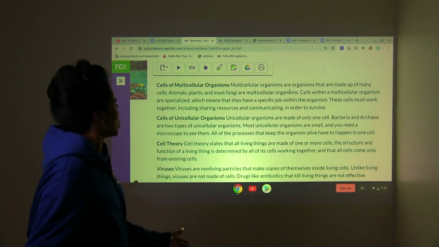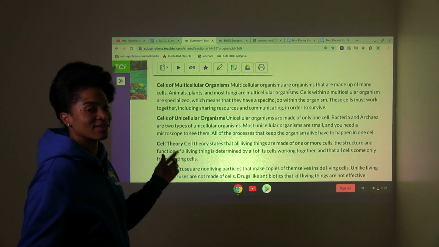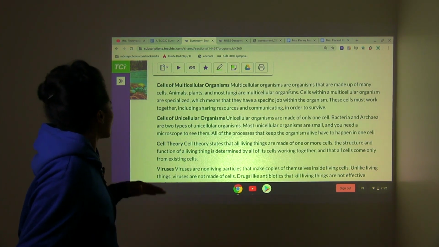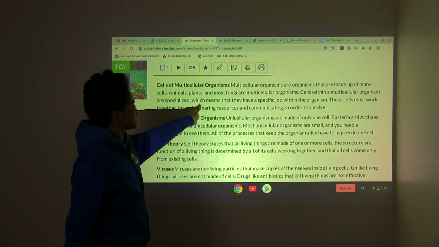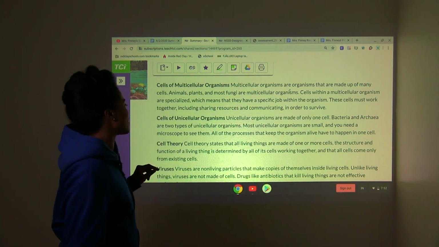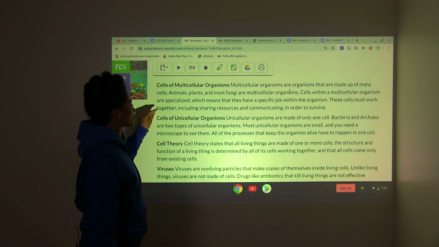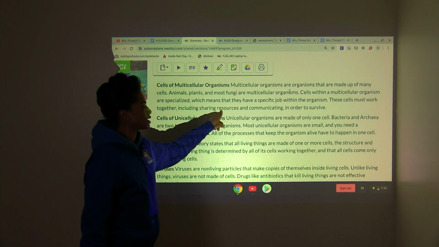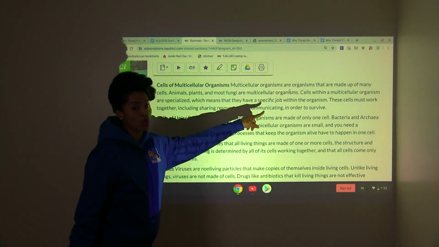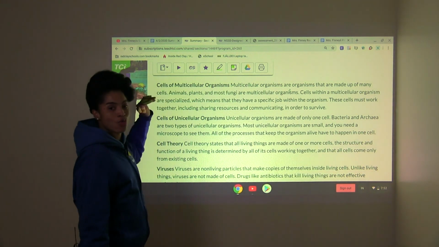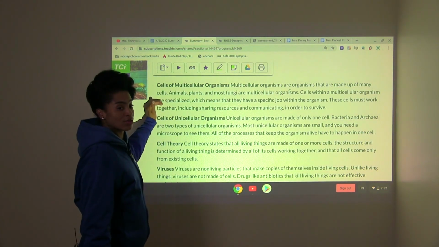Animals, plants, and most fungi are multicellular organisms. Cells within a multicellular organism are specialized, which means that they have a specific job within the organism. These cells must work together, including sharing resources and communicating in order to survive. Collaboration is a requirement for multicellular organisms.